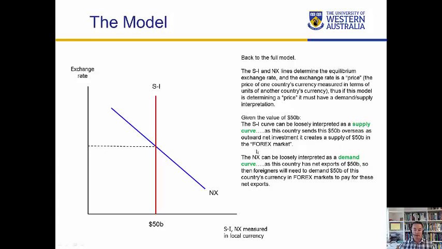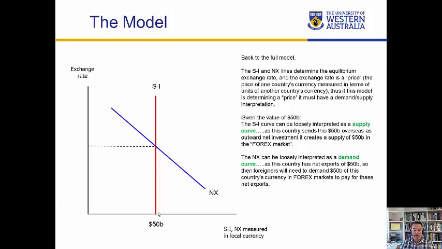So what we have here is S minus I being 50 billion. We've already figured out that that $50 billion will need to flow overseas, and it will flow overseas to enter bond, share and real estate markets of other countries.